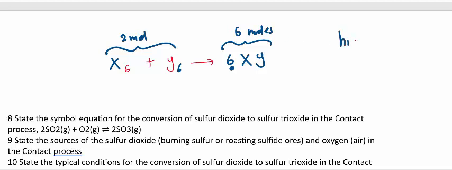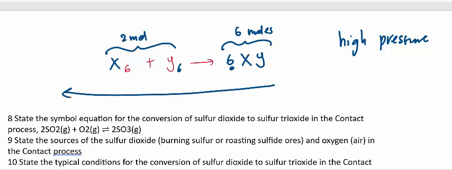So if I put high pressure, it will favor the side with fewer moles. Which side has fewer moles, the reactant or the product? Reactant. So high pressure will favor this side. Get it? So this is my product, right? So will I have more product or less product?